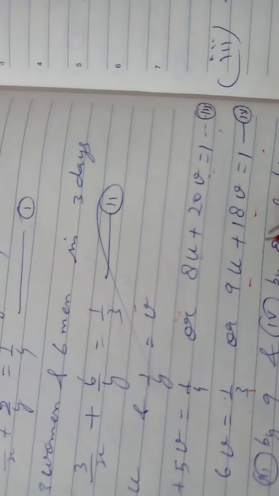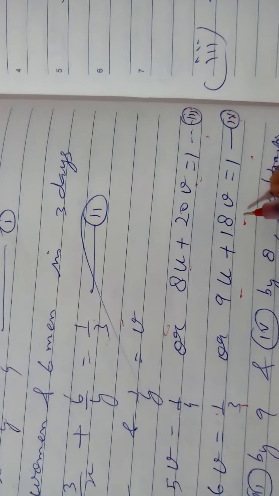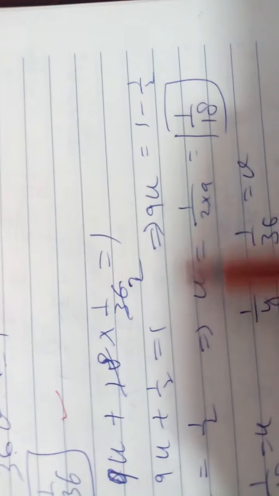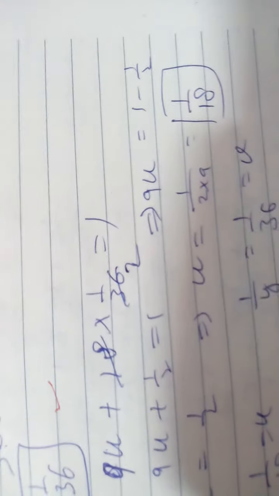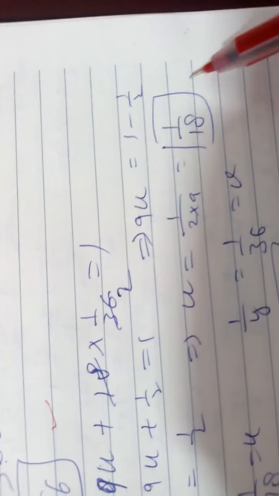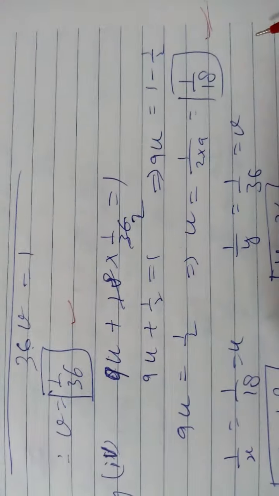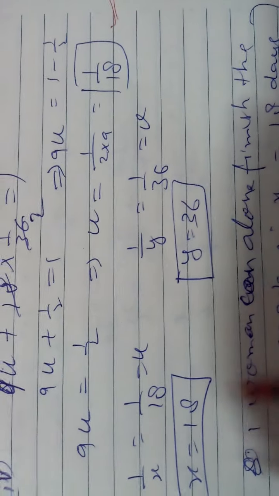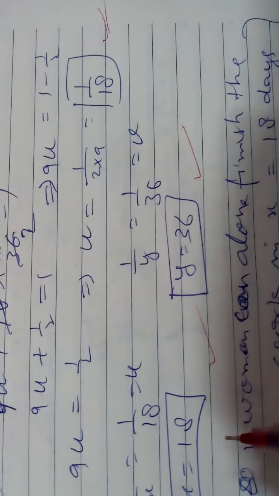Putting v in any one equation, I am taking the fourth, not the third, because when you put 1 upon 36 for v here, it becomes 18 over 36. That's why I am putting it here. So transpose 1 minus half, you are getting u is 1 upon 18. U and v are 1 upon x and 1 upon y, so x is 18, y is 36.